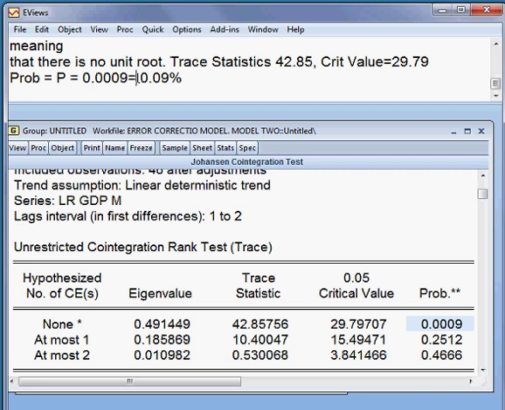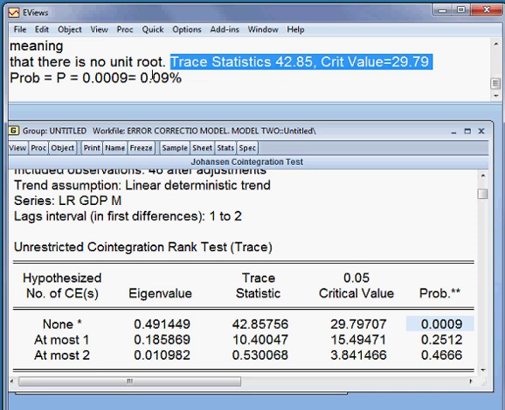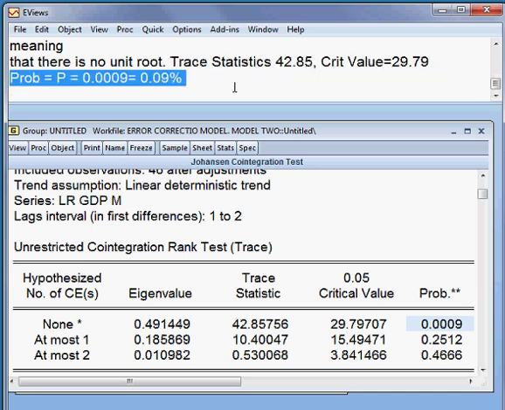That is the normal guideline. If the p value is less than 5%, we can reject the null hypothesis. But if the p value is more than 5%, we cannot reject the null hypothesis. Rather, we accept it. So this result and this result are telling the same thing, that we can reject the null hypothesis.